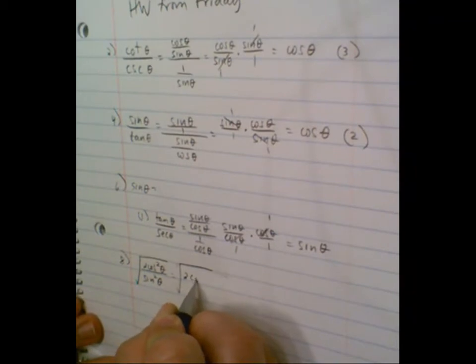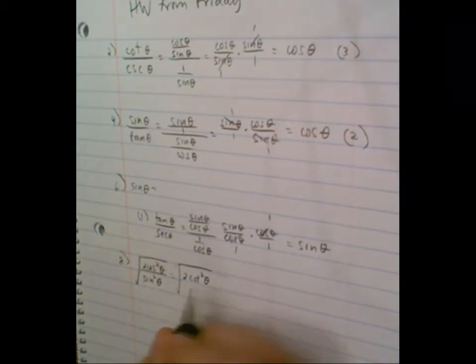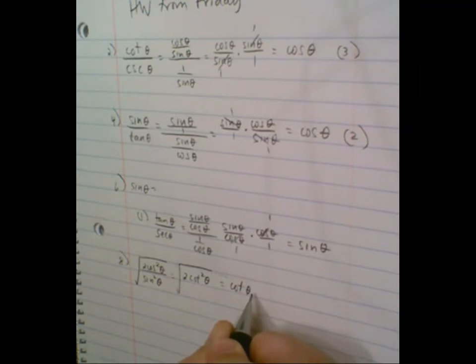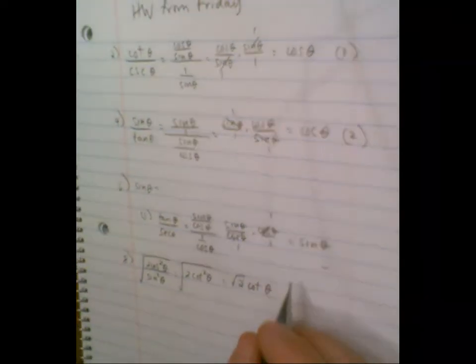So it's the square root of 2 times cotangent squared theta. The square root of cotangent squared is cotangent, so it's cotangent theta times the square root of 2, or square root of 2 cotangent theta. And that was choice 4.